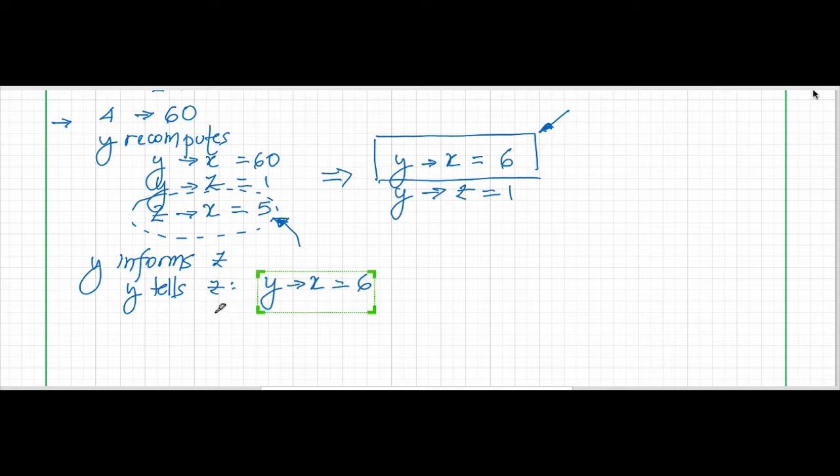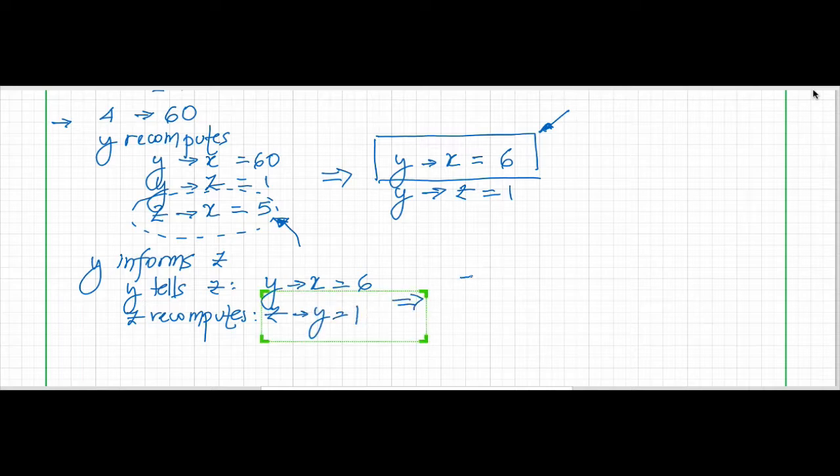So Z recomputes its distance vector, and since the cost going from Z to Y is 1, Z thinks that it can go from Z to X now at a cost of 7.